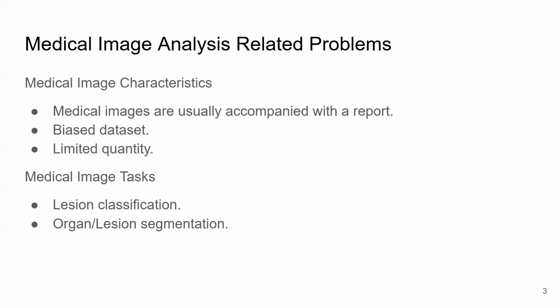Due to the bias issue, data usually isn't shared across different hospital sites. And because of the equipment and the expertise required to get the data, you usually have limited quantity. The tasks we do for medical images are like lesion classification and organ and lesion segmentation.